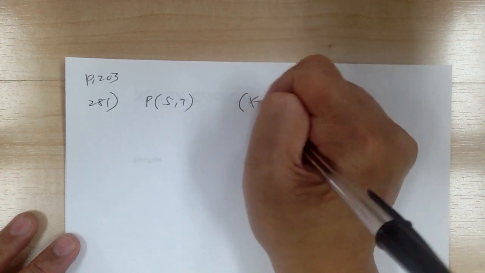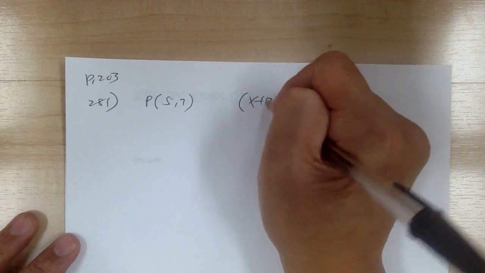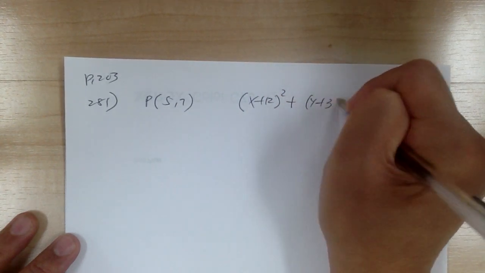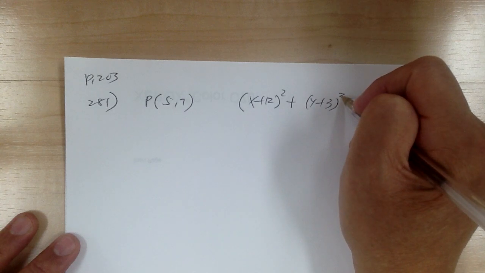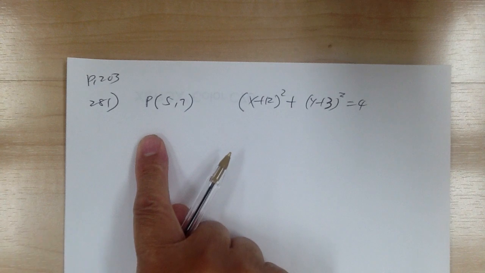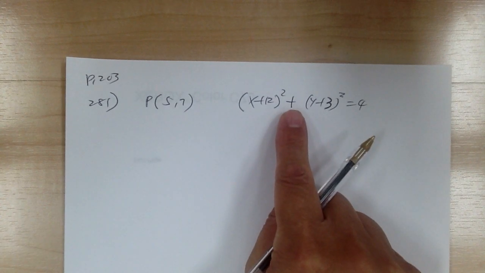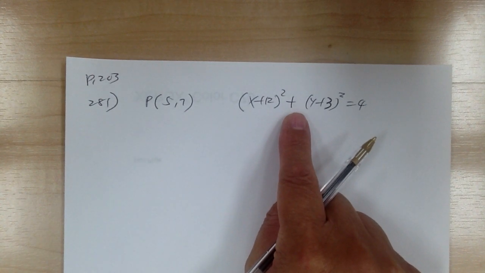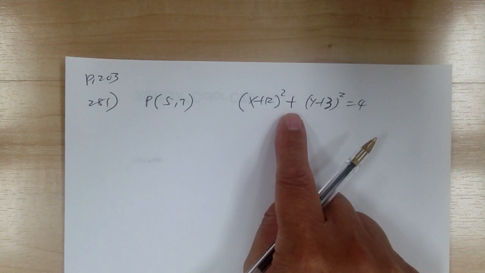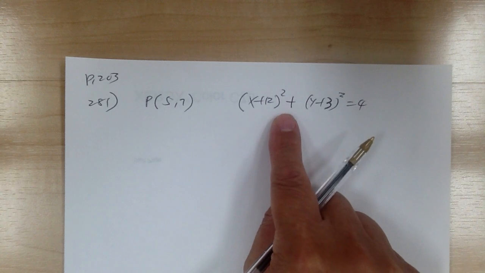The circle is x plus 12 squared plus y plus 3 squared equal to 4. So if the line cuts the circle in half, then it must go through the center. The line must be the diameter of the circle, so you have to go through the center of the circle.